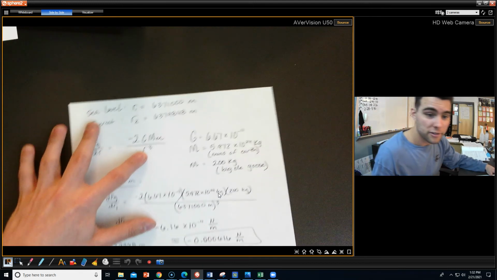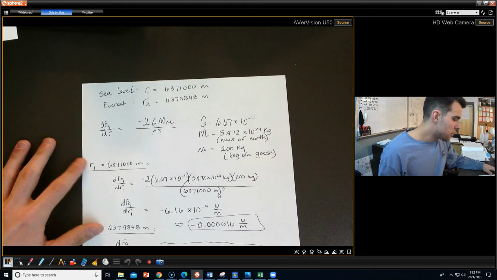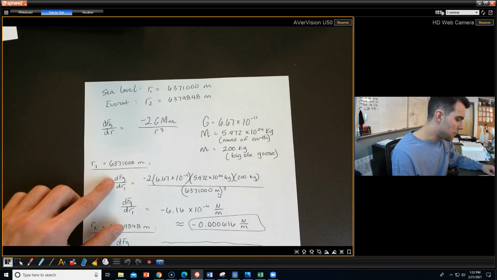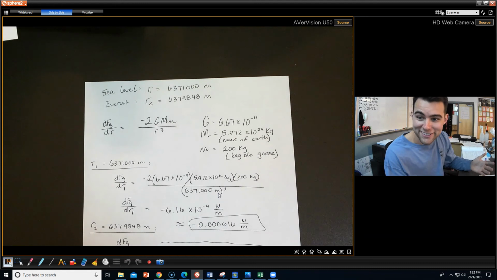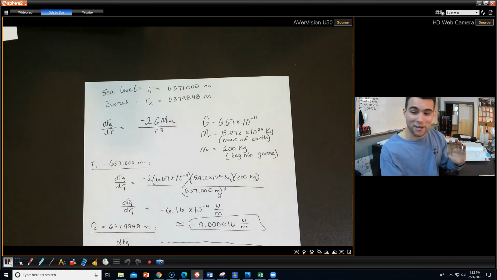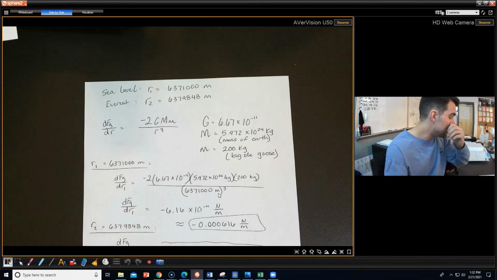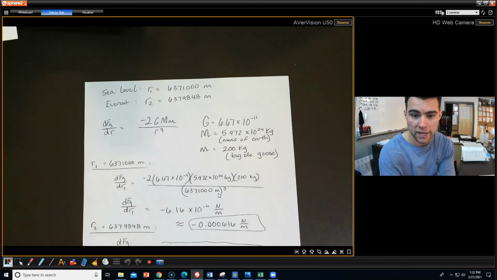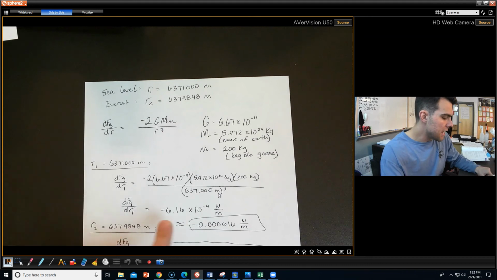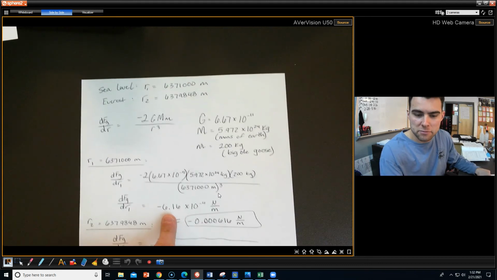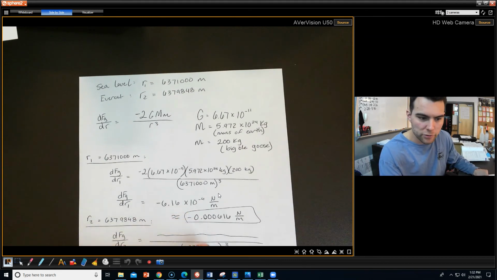So I did it with R1. I plugged it all into a calculator, exactly as I put it in your calculator, with the TI-84, so parentheses and the whole nine yards. And I ended up getting negative 6.16 times 10 to the negative 4 newtons per meter, which is a tiny, tiny small number, really small change.